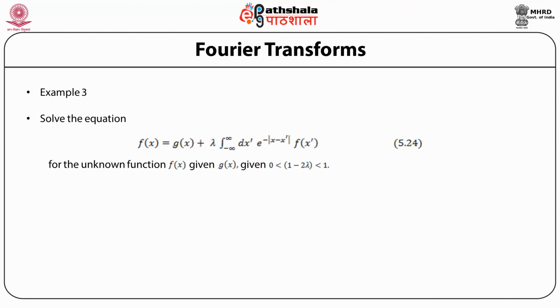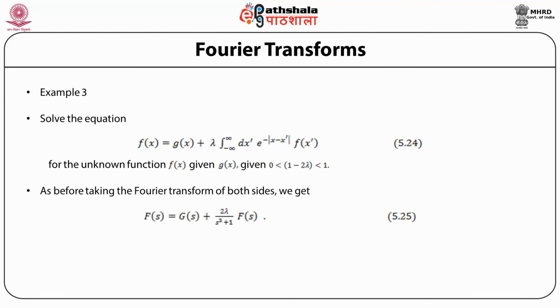In the earlier example, we considered the homogeneous integral equation. Now consider the inhomogeneous equation by including a term g of x on the right hand side of the equation which we considered earlier. We have to solve this equation for the unknown function f of x given the function g of x and given the fact that 1 minus 2 lambda lies between 0 and 1.